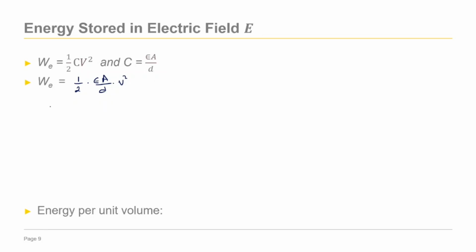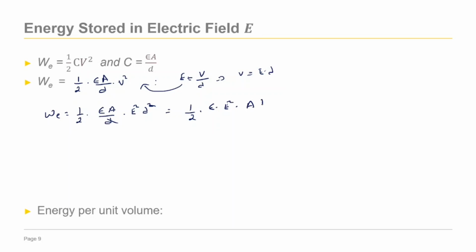And again, by definition, we know that electric field is V by D, so V is E times D. So our energy within the electric field is going to be half epsilon A by D times E squared D squared. So one D here and one D here can cancel out. I can say that this is half times epsilon times E squared times A times D.